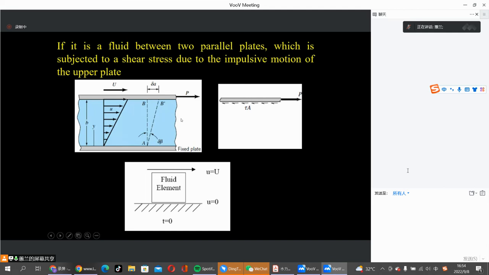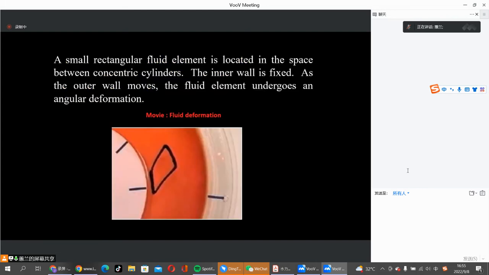This is what we have learned in material mechanics, right? However, for fluid, if there is also a pulling force, then there will be shear force applied on the solid surface. Not like the solid, which can resist this shear force with a fixed or static deformation, the fluid will keep deforming under the action of the shear force, no matter how small the shear stress or shear force is.